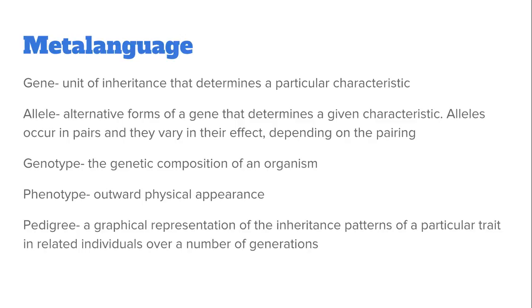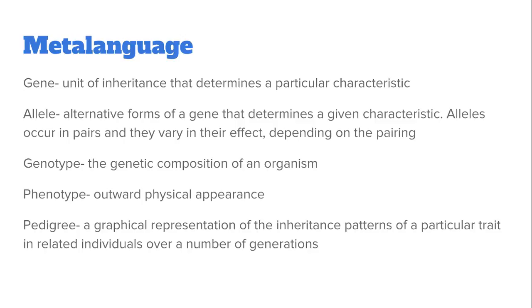So again, here we have an alternative definition of a gene, similar things, but just different in case you needed a bit more explanation. It's a unit of inheritance that determines a particular characteristic. And for an allele, we have alternative forms of a gene that determine a given characteristic. And alleles occur in pairs, and they vary in their effect depending on that pairing that takes place.